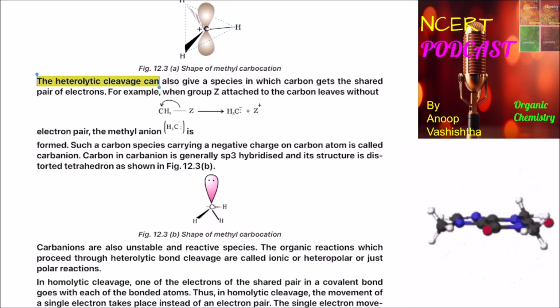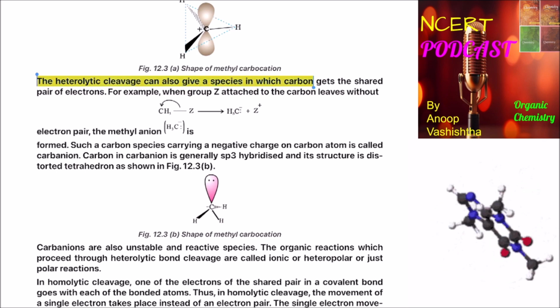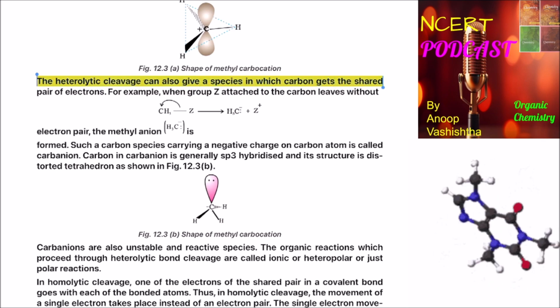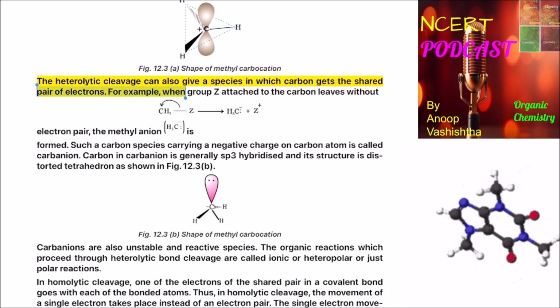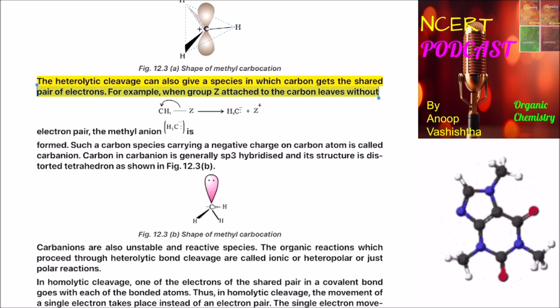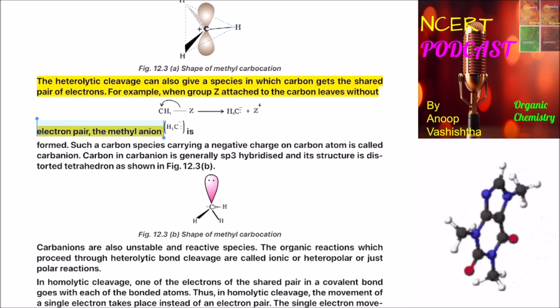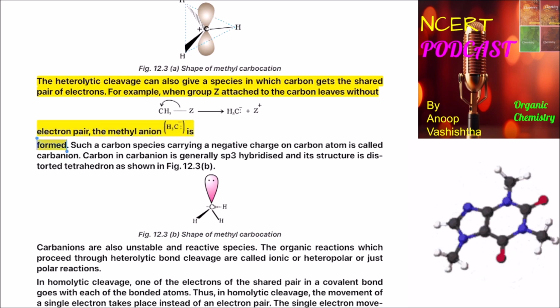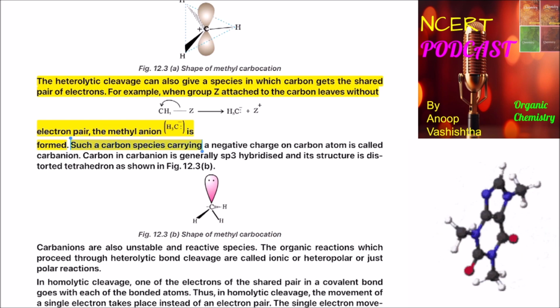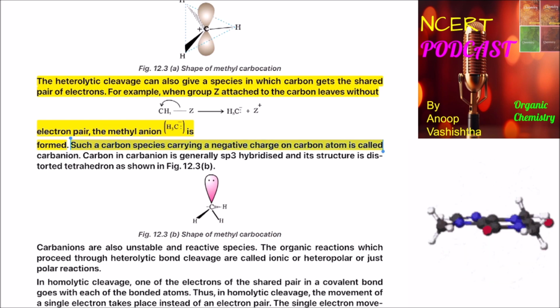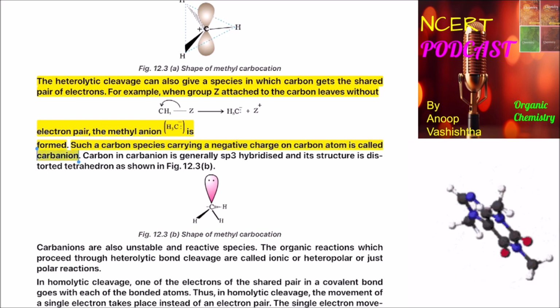The heterolytic cleavage can also give a species in which carbon gets the shared pair of electrons. For example, when group Z attached to the carbon leaves without the electron pair, the methyl anion CH3- is formed. Such a carbon species carrying a negative charge on the carbon atom is called a carbanion.